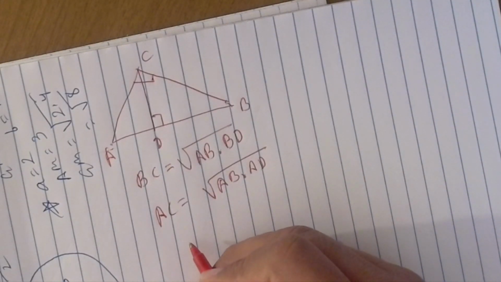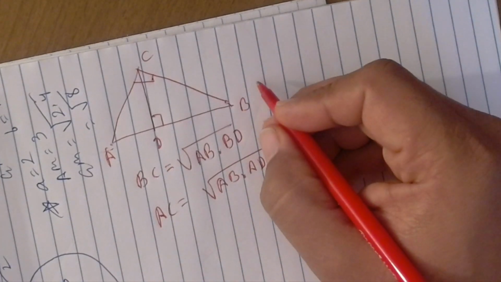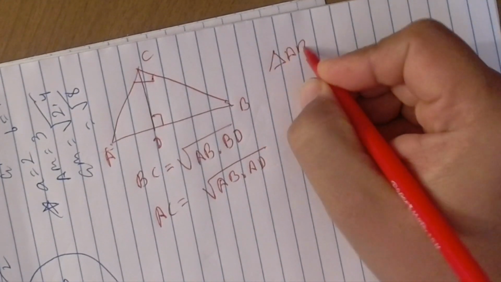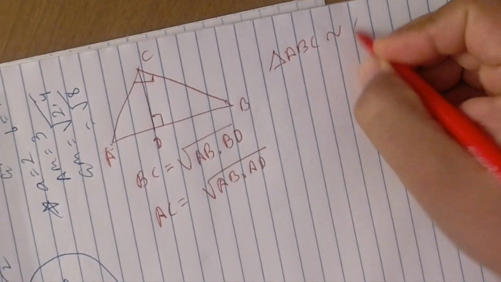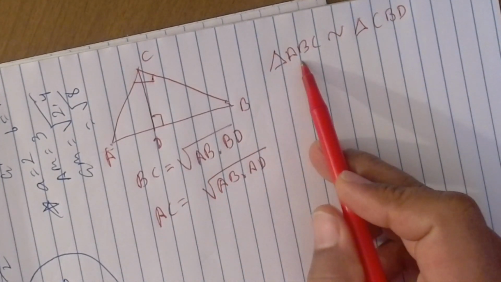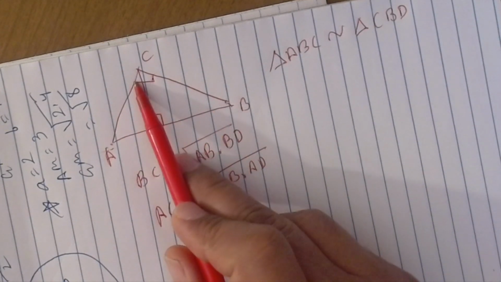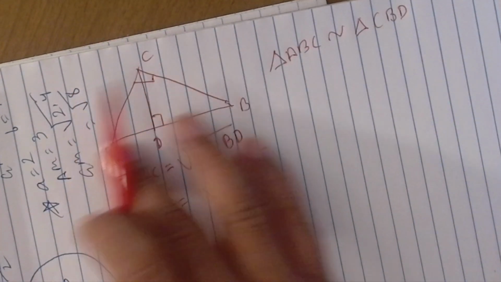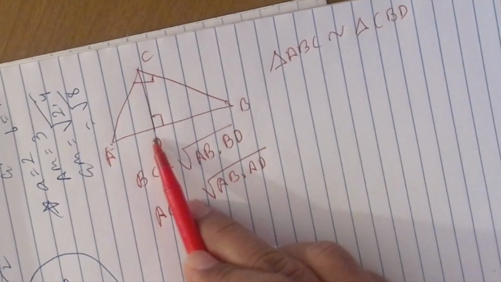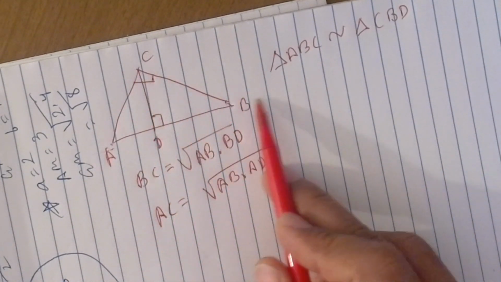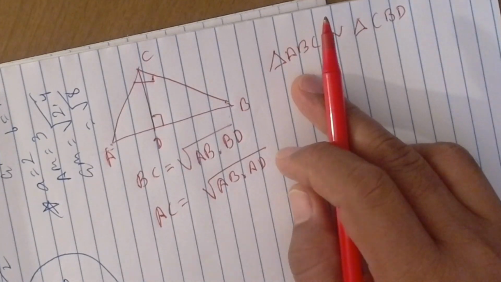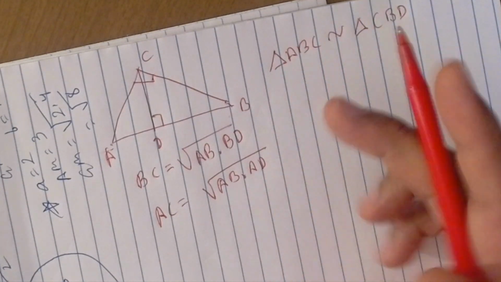Now, in the previous case, what we saw was triangle ABC was similar to triangle CBD. Okay, I'm not going to prove it again, but the complete triangle ABC is similar to triangle CBD. This triangle and this whole triangle was similar. So if they are similar, then what does the ratio of similitude say?